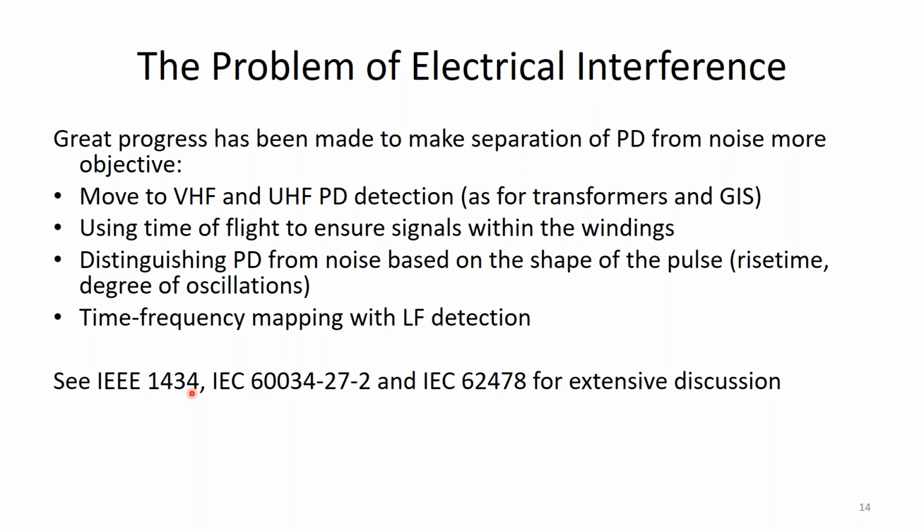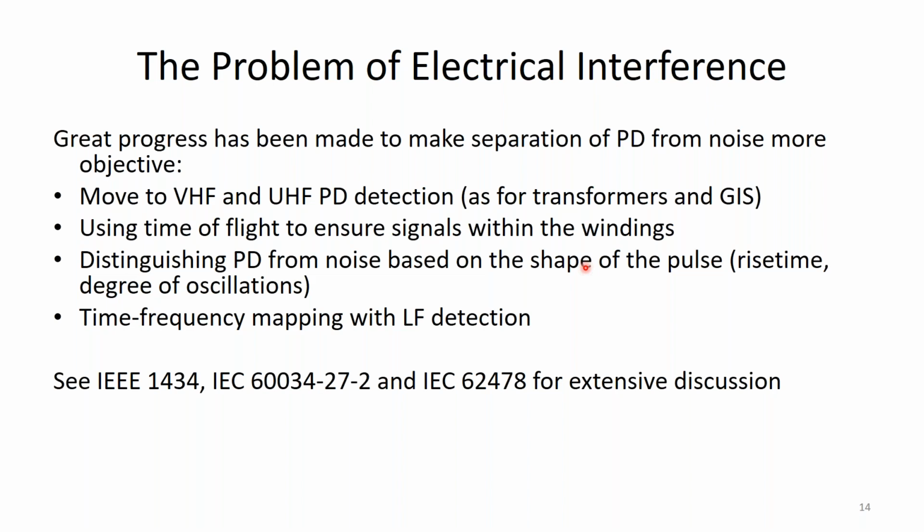And as I said, for rotating machines, these standards talk about this. With the move to VHF and UHF techniques, we're also able to introduce the time of flight measurement, and I'll explain that a little bit later, to separate PD. We can also distinguish PD from noise based on the shape of the pulse. That can be done in hardware. That's my preferred route, the technique I started using in the 1990s.